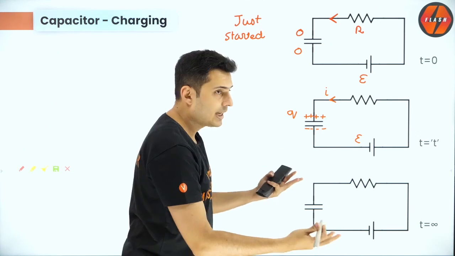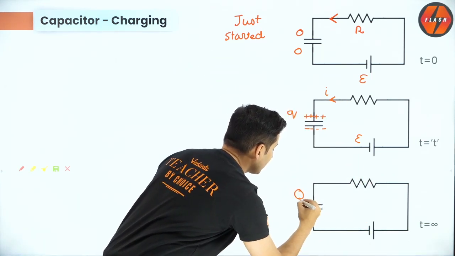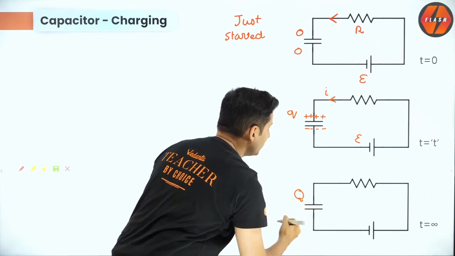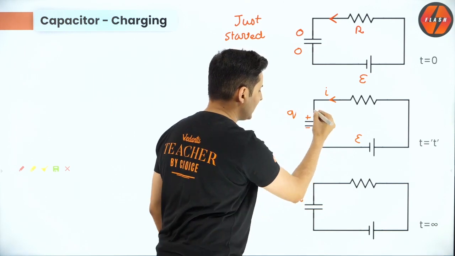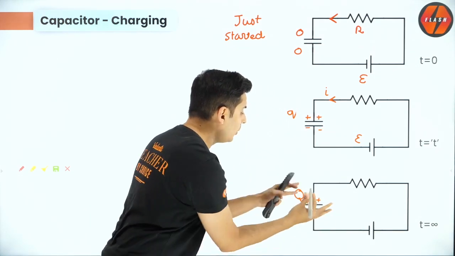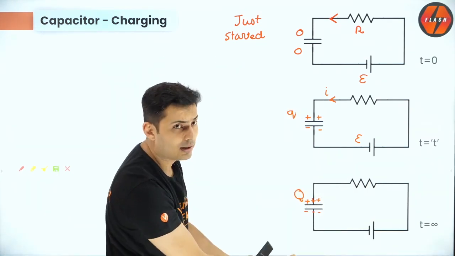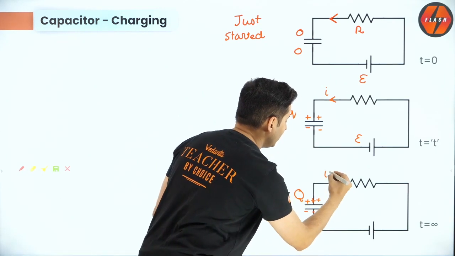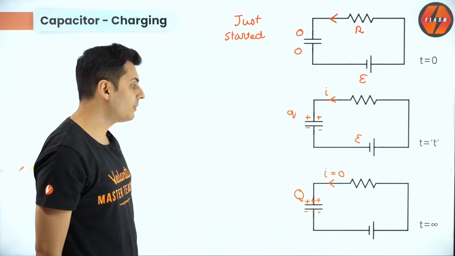After some time, once the capacitor is completely charged, capital Q tells me the final charge. Right now the charges are just getting accumulated. Eventually it will be completely charged and no more charge accumulates on it, but that happens after a very long time. The current will then be 0. Understand? Eventually the current is going to be 0.